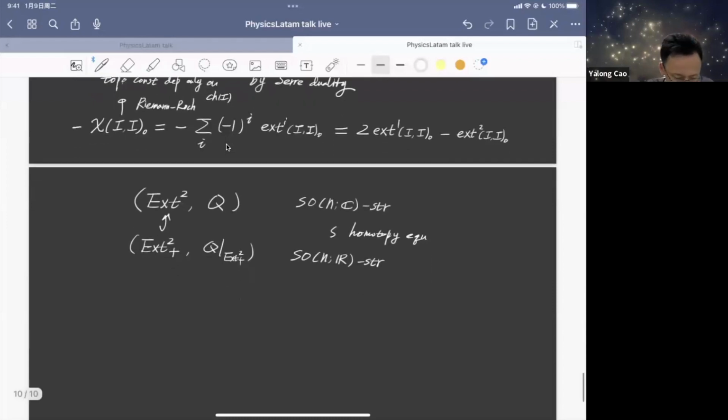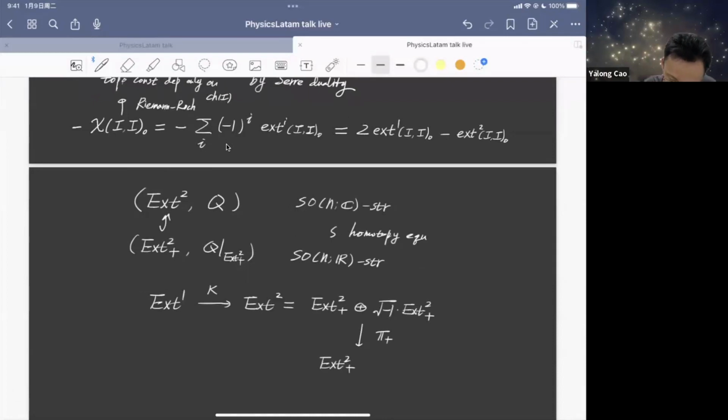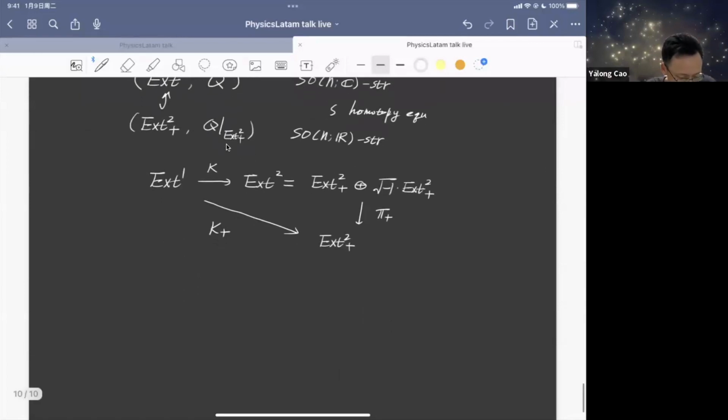Now there's some standard Kuranishi map as in the Gopakumar-Vafa theory from Ext1 to Ext2. And having this real form, we can decompose this Ext2 into the plus part and the minus part, which is the square root of -1 times the plus part. And then we project to the plus part. So we use this as a local Kuranishi model.